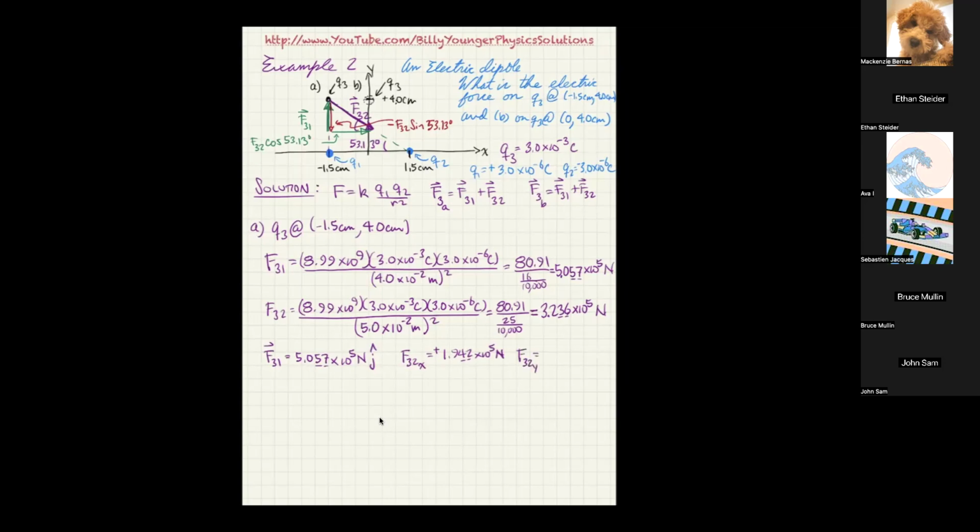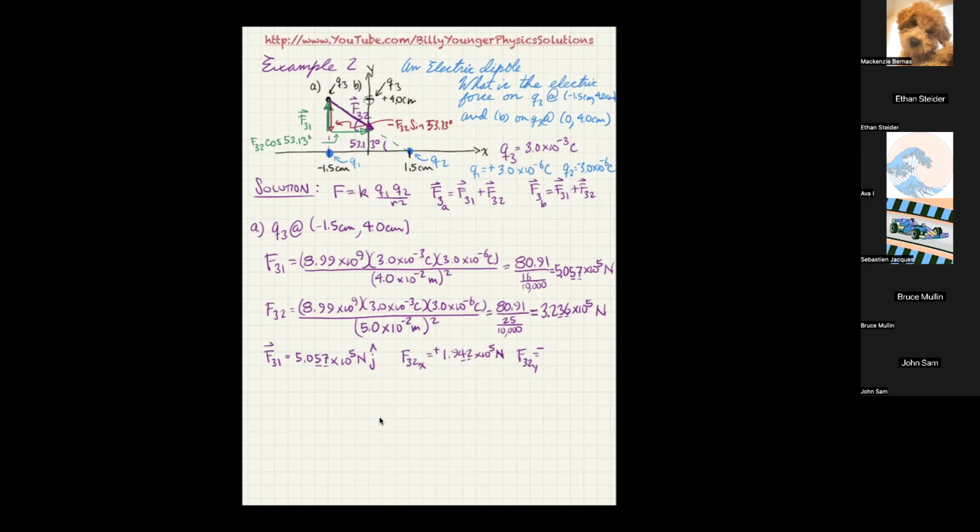F32y, that one's got to be negative, so I force the negative right here. Notice how I'm forcing these signs in there, and notice how I'm not using negative angles, negative charges, positive charges. I'm not paying any attention to those signs. In this case, I'm going to take F32, which is 3.236 e to the 5th, and multiply it by the sine of 53.13, making sure I'm, of course, in degree mode.